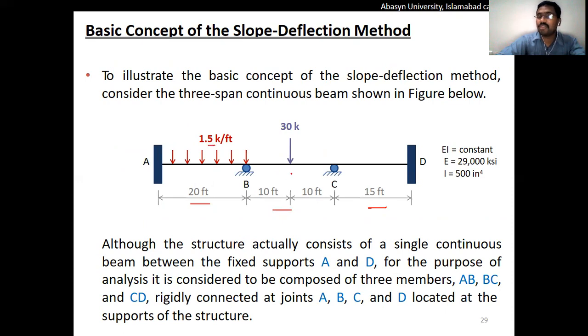In span BC, we have only a single point load acting at the center of the span, which is 30 kips, and we have no loading in span CD. The value of EI is considered constant for the entire beam. The modulus of elasticity E is 29,000 ksi, and the moment of inertia is 500 inch to the power 4.